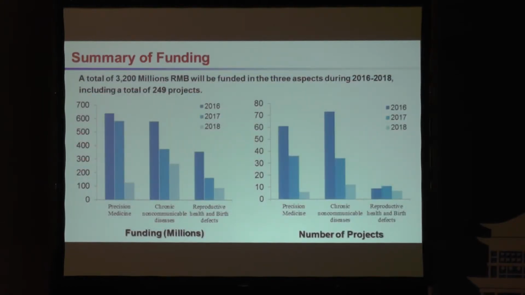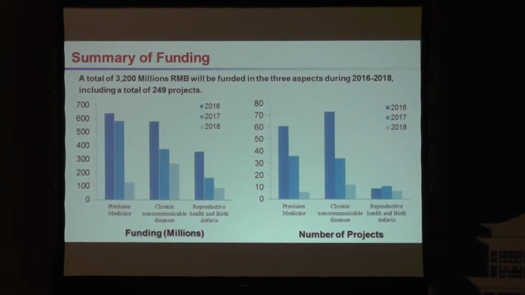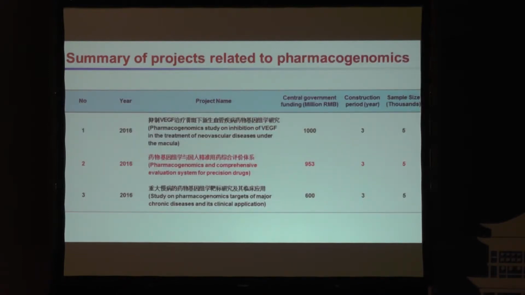In the 3 aspects, the Chinese government will fund a total of 3,200 million RMB, including more than 200 projects. Of the funded projects, there were 3 projects that were directly related to pharmacogenomics, and the minimum amount of the project is 6 million.